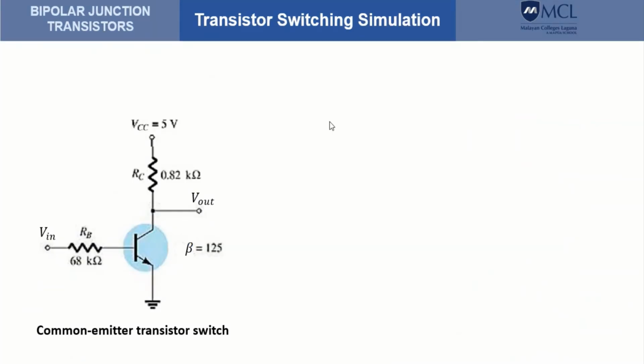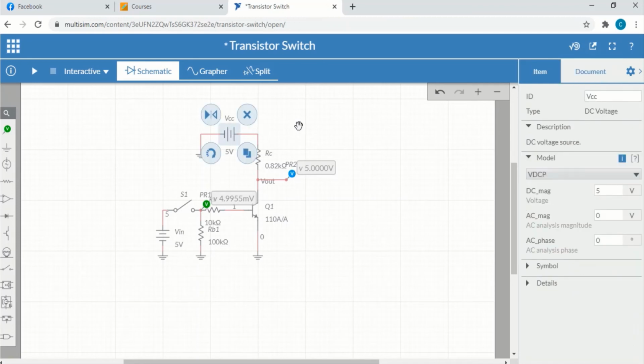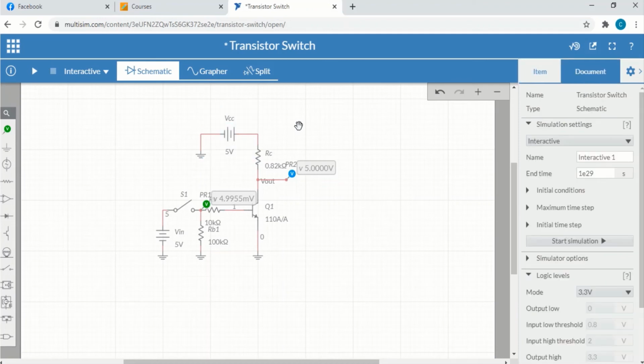So again, let's do a simulation for this transistor switching. This is a similar circuit to the one we had a while ago for transistor switching, except that the beta is equal to 125. So this is our circuit. Here we have the voltage VCC used for biasing.